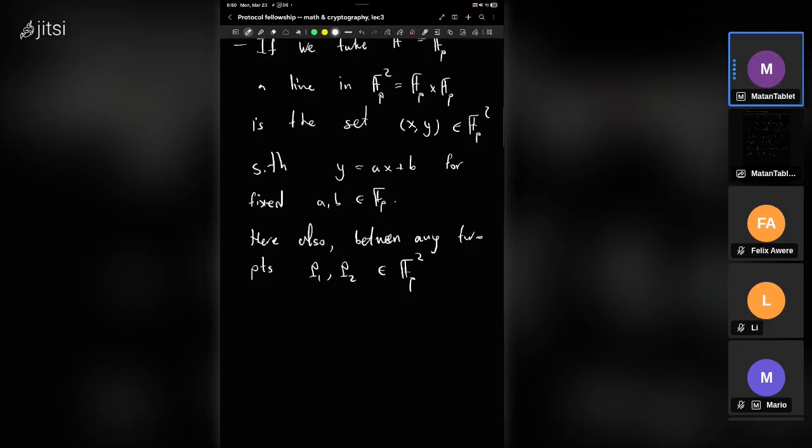So what I'm saying here is that this is in fact a wider phenomenon. This is a theorem.